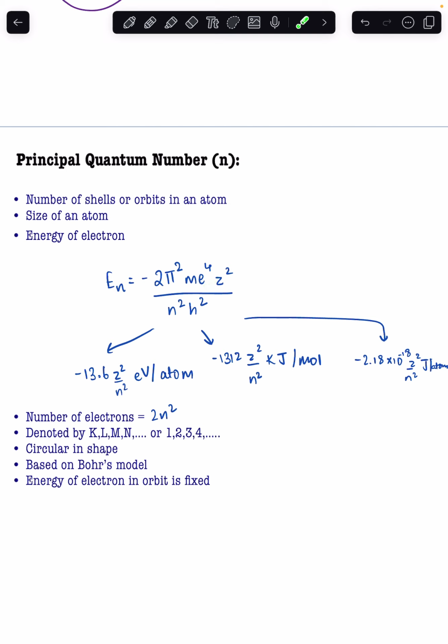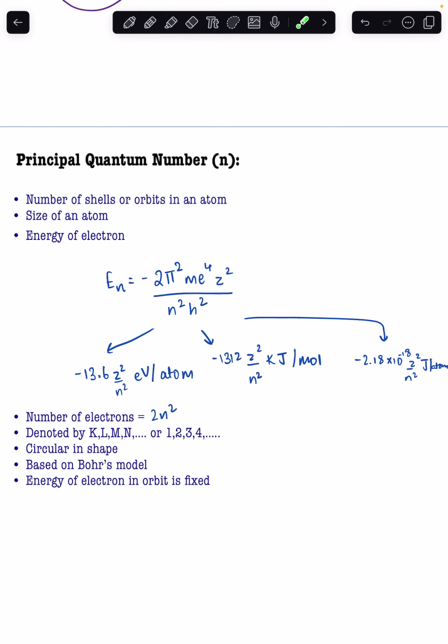And I wrote it in 3 different units that can be asked. Usually it's given in the paper that whatever unit is asked, the hydrogen one is given, and from that you can find out. But still, in case it is not given somewhere, it does not hurt to memorize it if you can. Obviously the eV one is the most common one, just saying for the sake of it.